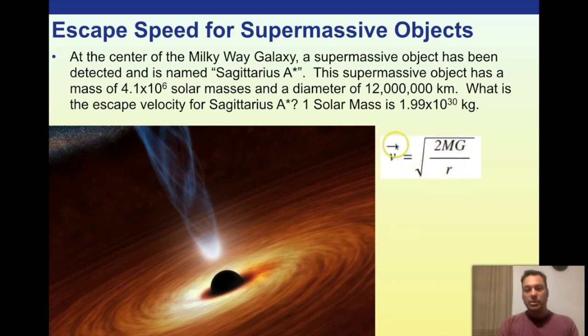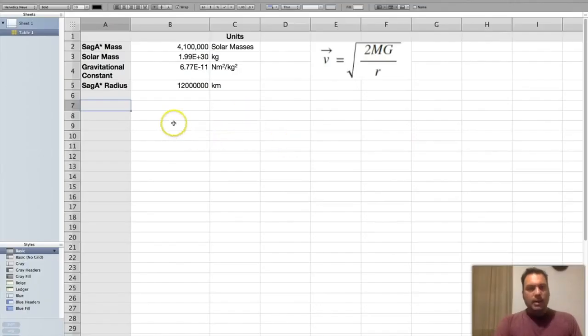Now, when we're dealing with large numbers like this, the spreadsheet is by far the best way to go about doing this. Incidentally, this is an artist's conception of what Sagittarius A actually looks like. We'll get into what all this stuff is that's going on in here, but it's really cool stuff. Okay, let's open up that spreadsheet. Okay, we're back. So here we've got our spreadsheet.